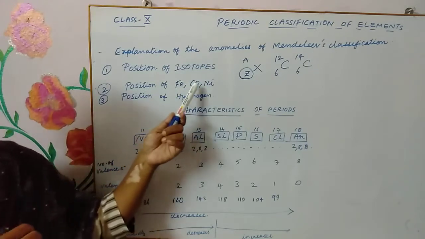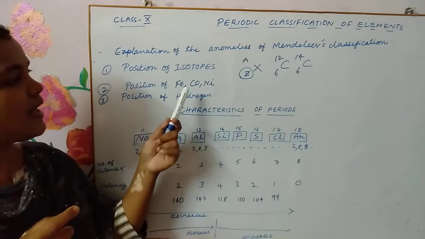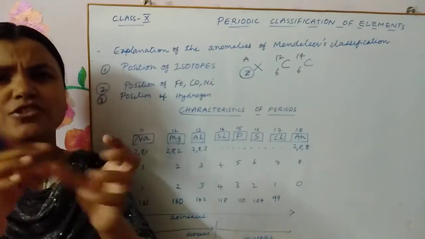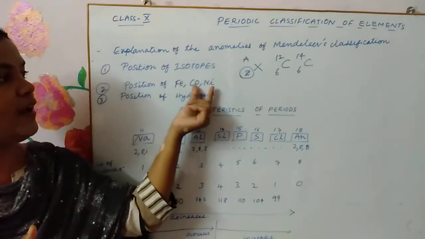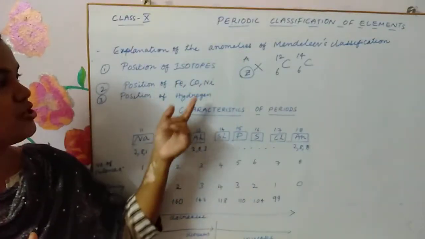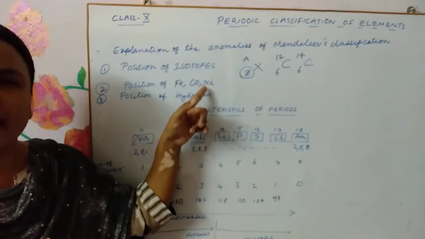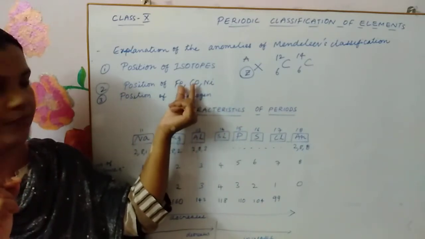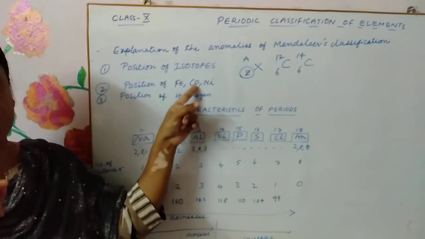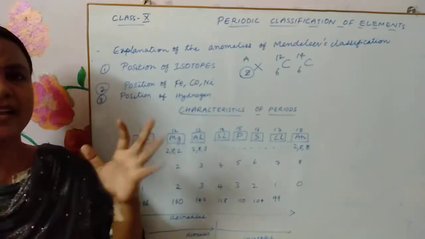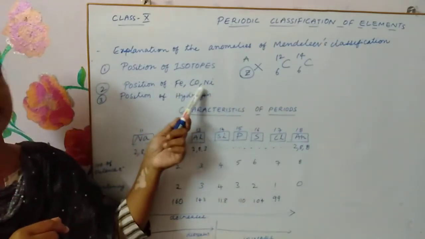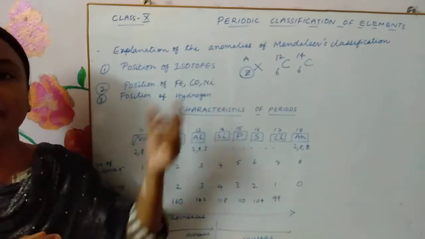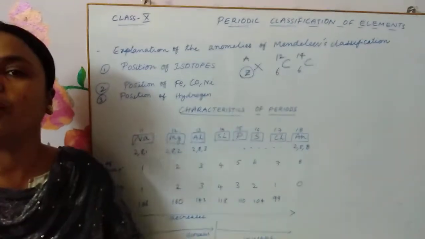Now the position of iron, cobalt and nickel. As you can see, in Mendeleev's classification there was a slight misarrangement of the positions of iron, cobalt, nickel. Nickel, having slightly lower atomic mass, had to be kept before cobalt, but it was placed like this and he could not give any explanation. This order will be fine if you consider the atomic number again.